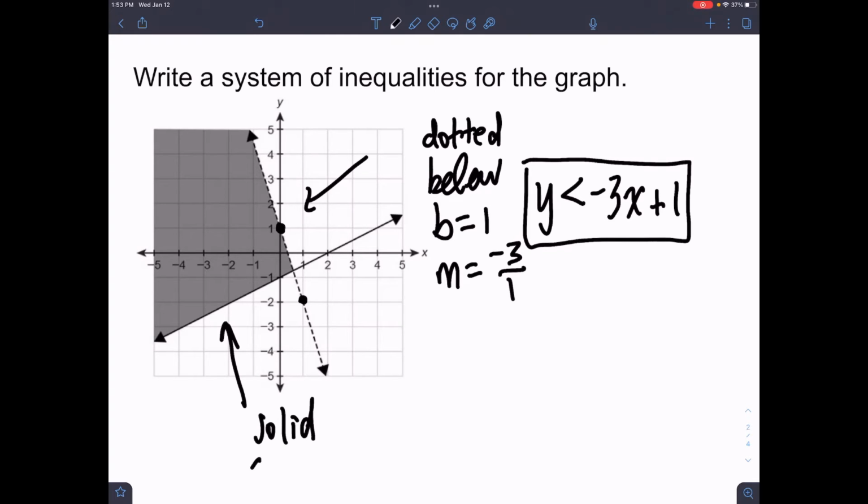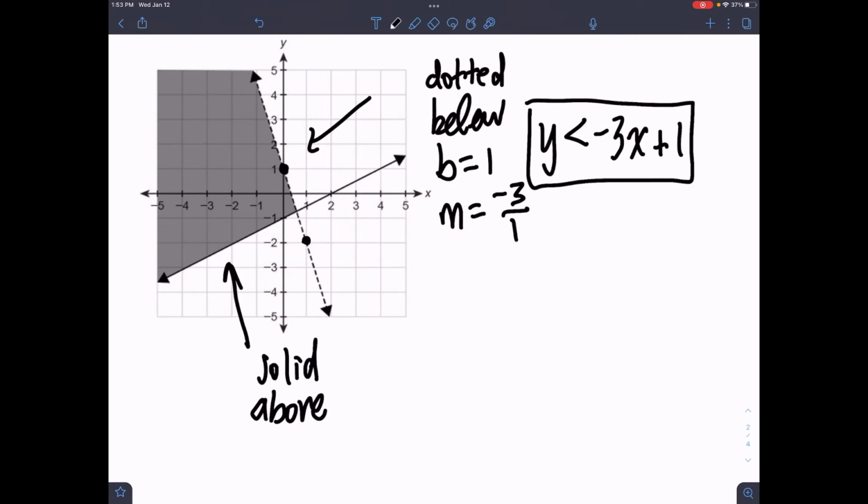Other one is solid. And the shaded part is above the line. It's got a b value of -1, and it goes up 1 over 2. Right?